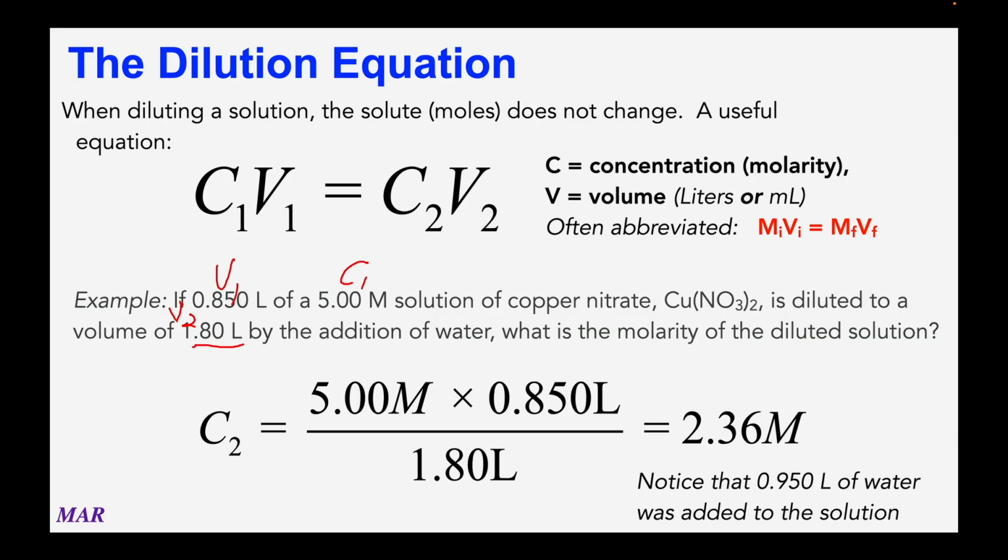We'll divide it by 1.80 liters. This comes out to be 2.36 molar. So our new solution is 2.36 moles per liter, which makes sense because we added more water. And again, note down there that we added 0.950 liters of water to make this happen. We didn't add an extra 1.80, we added 0.950 liters to make the old volume up to 1.80 liters.